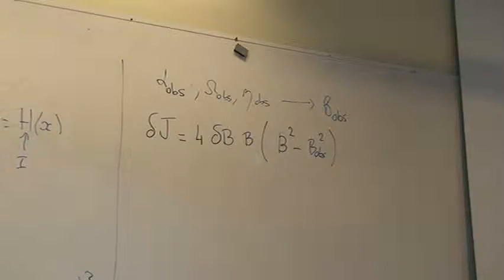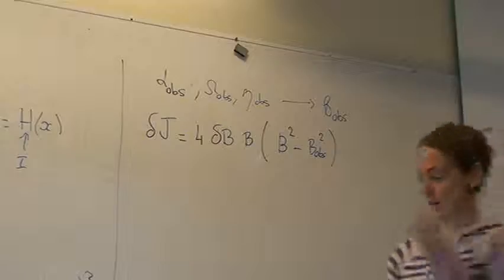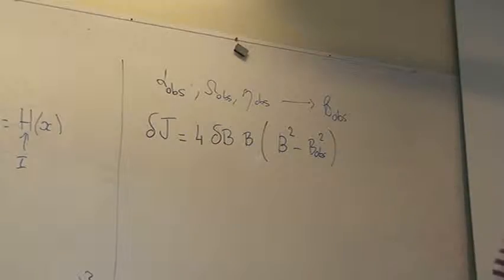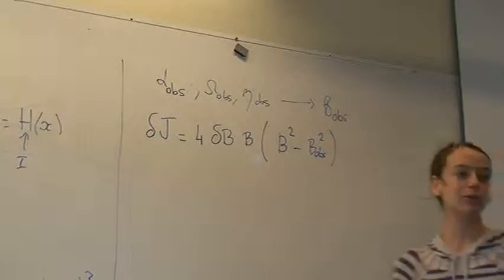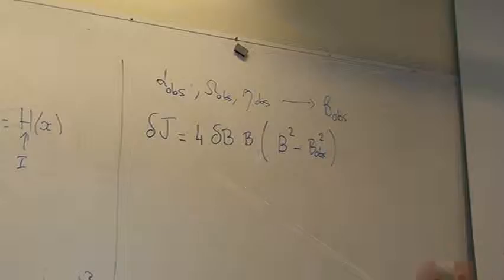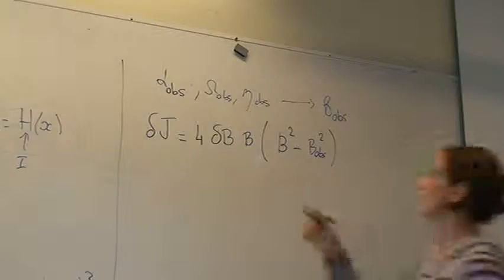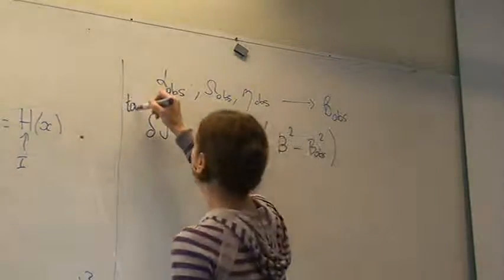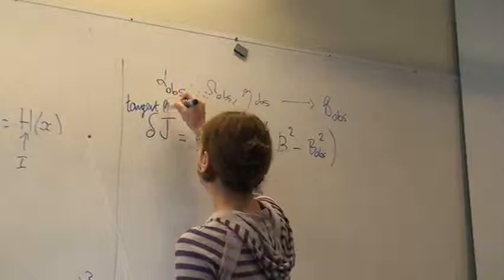So it should be a sum here. No, because she decided to do it only for 1 point. We have a sum, but in this case I just want to write it to be pedagogical. The sum is more complicated than this. But you eliminate all higher order terms. Anyway, so this is a tangent linear instruction.